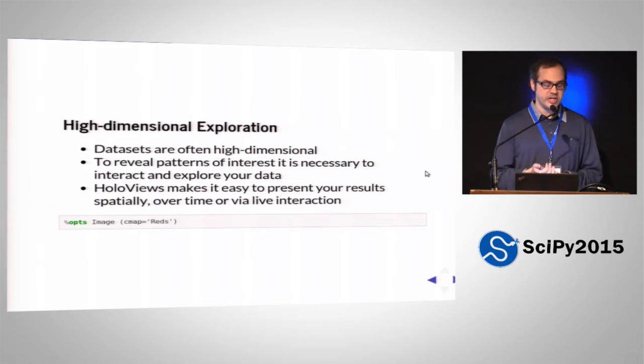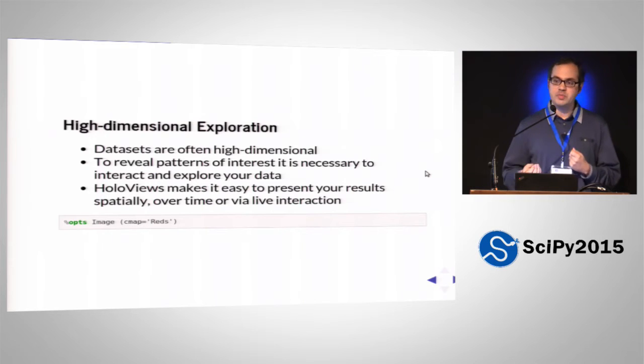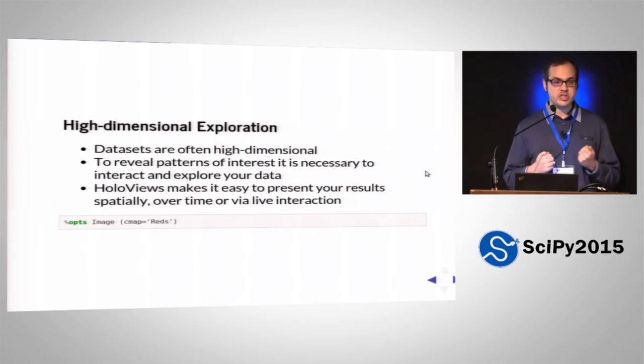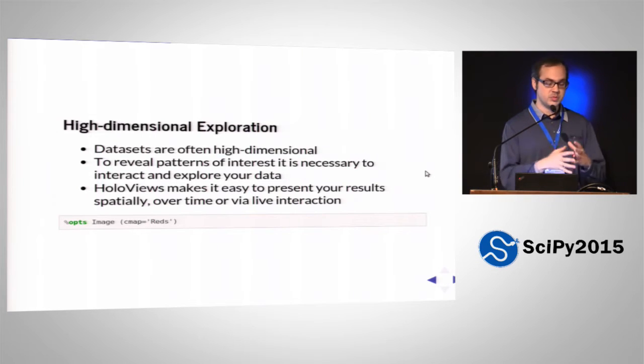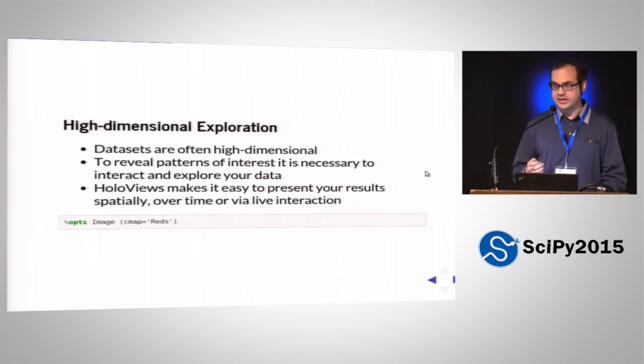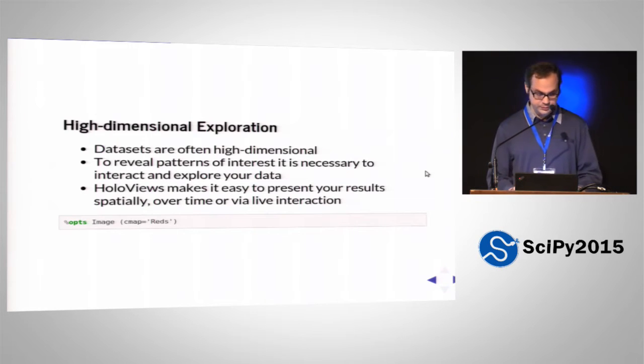For this, we offer some objects which you can use to dig into your data and find whatever interesting patterns you might be looking for. We have a collection of objects, some of which will let you look at your data spatially, or you can lay out all your different results over time, or finally, you can explore them via live interaction.